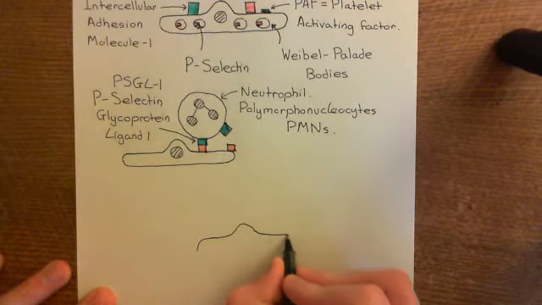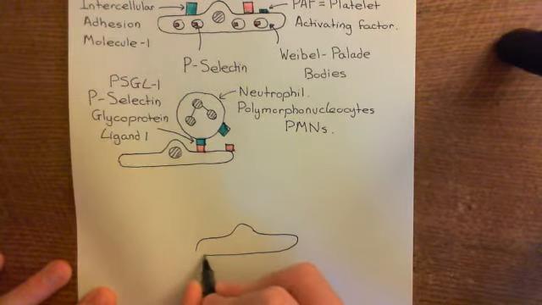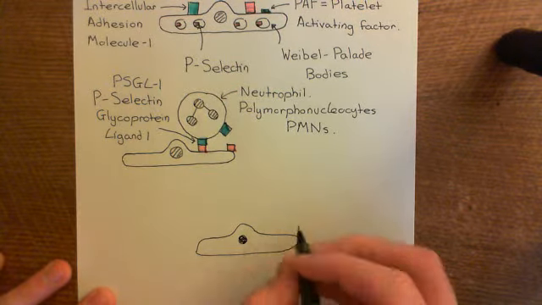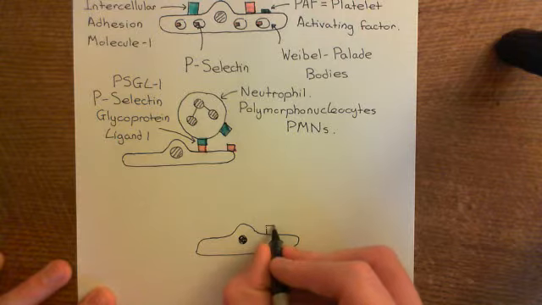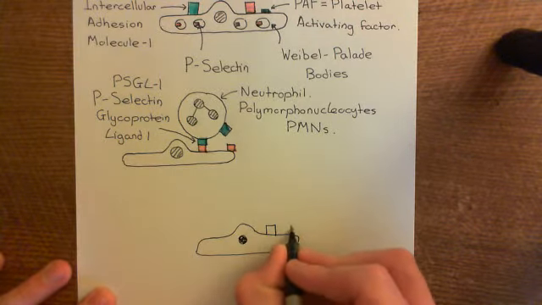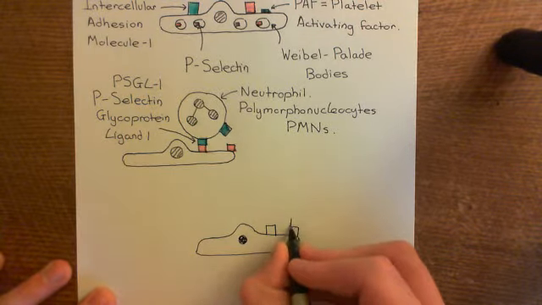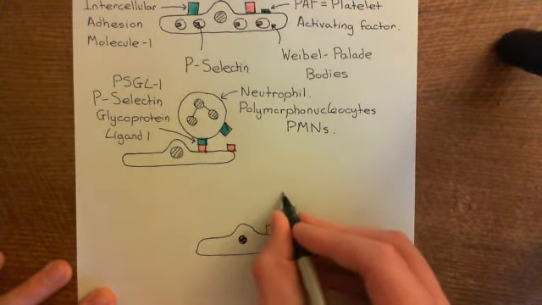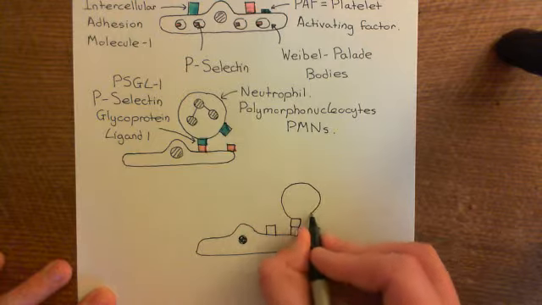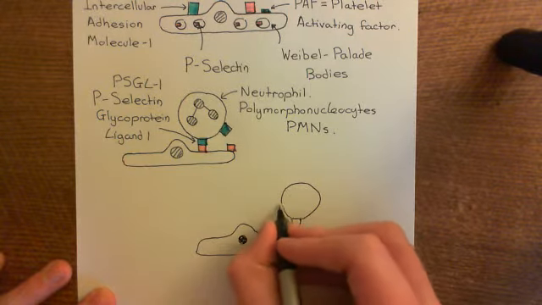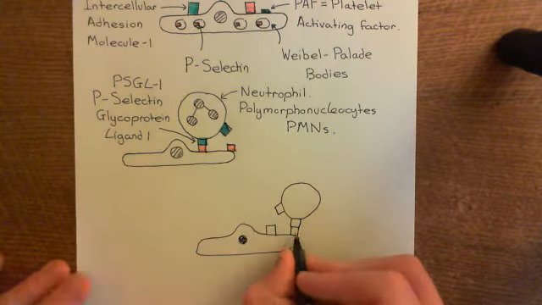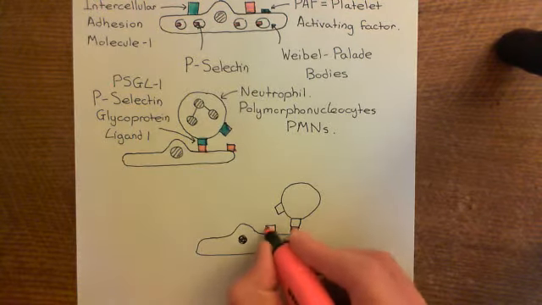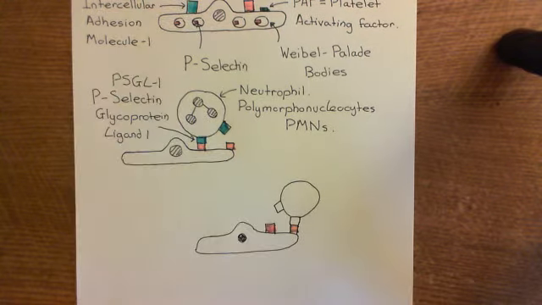Okay, so here's our endothelial cell, drawn again. Here are its two p-selectin molecules, and of course it will have far more than 2, but for the basis of this picture I've just drawn 2, and now the interaction between the neutrophil and the endothelial cell is between this p-selectin glycoprotein ligand and this p-selectin here. Okay, so let me colour them in. So here are the two p-selectin molecules in red.